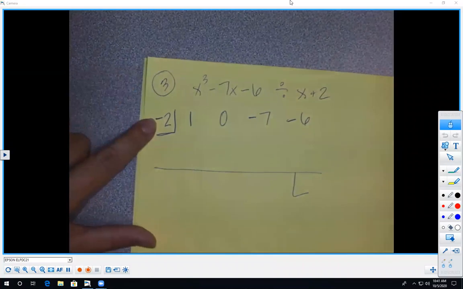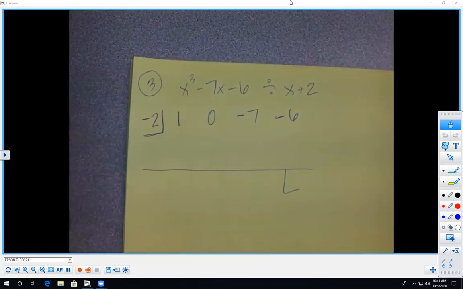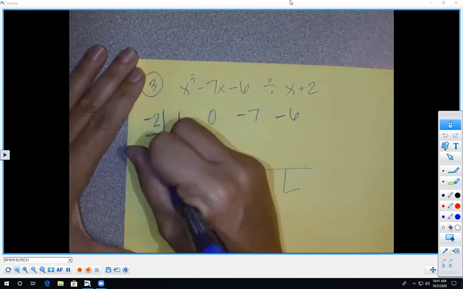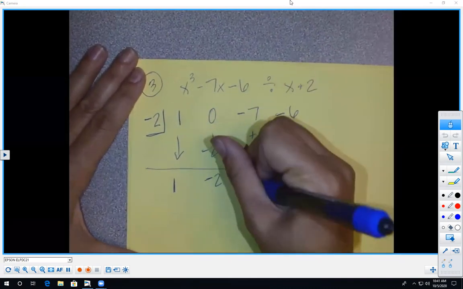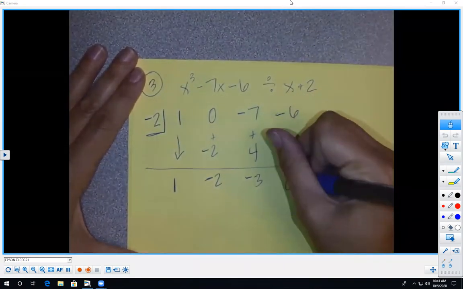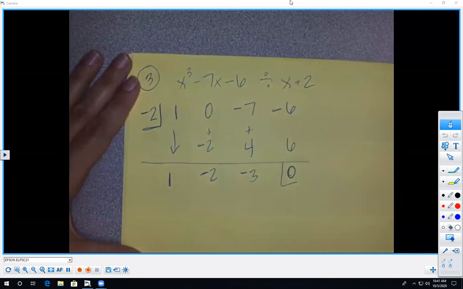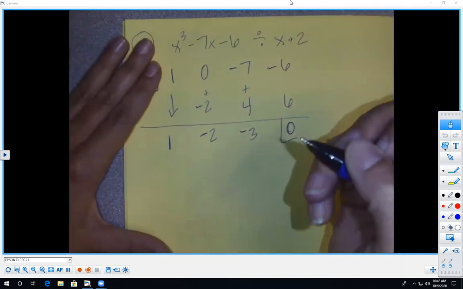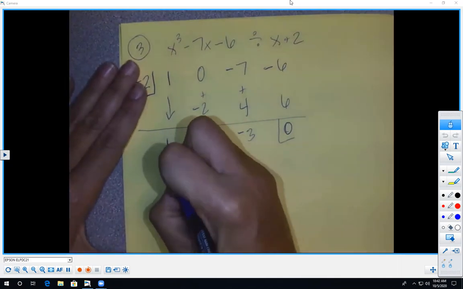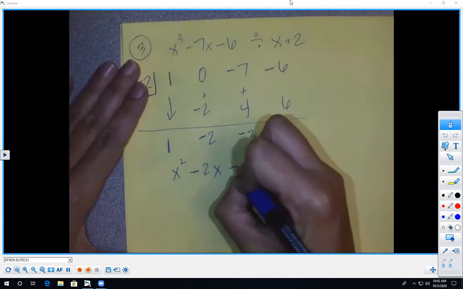So the numbers on top are -2 that you're dividing by, and 1, 0, -7, -6. Go ahead and work it out. What's your remainder on this one? 0. What does that tell us? It divides evenly, right? It's a factor. So the answer for the synthetic division problem is x squared minus 2x minus 3.